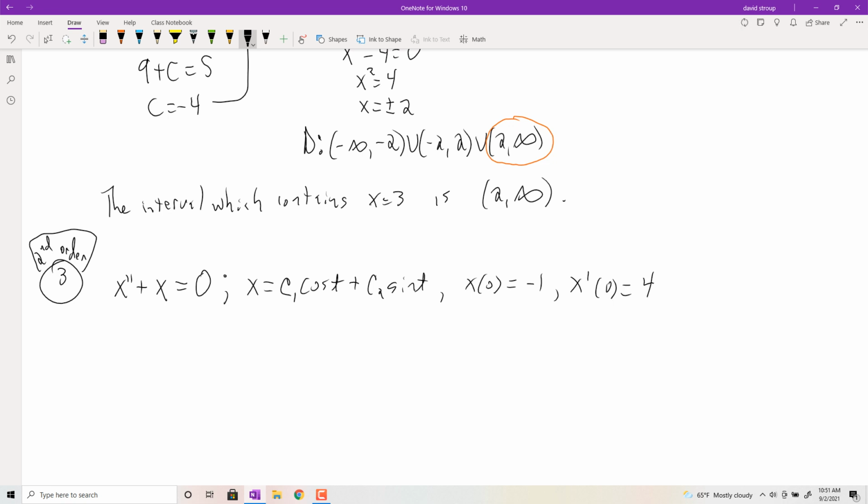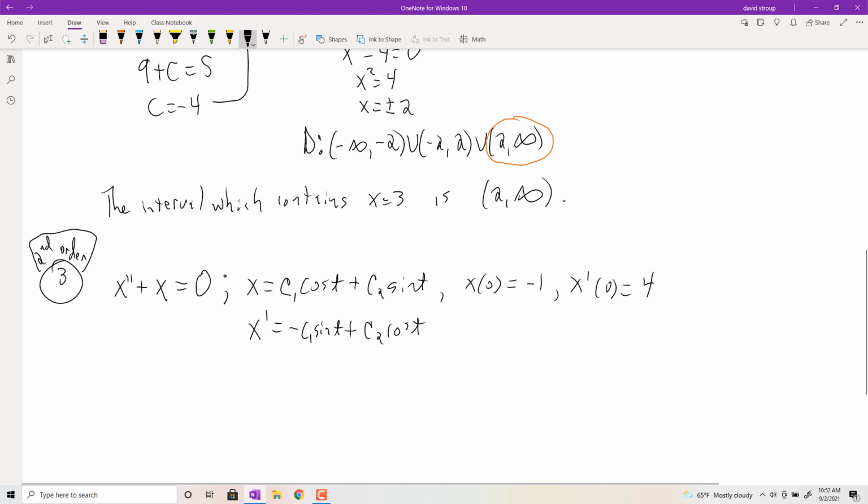Okay. So usually what will happen is you're going to need, first off, to get the first derivative. So x prime: the derivative of cosine is negative sine, so negative c1 sine t. The derivative of sine is cosine, so c2 cosine t. Then we're going to take the initial conditions and plop them into these two equations.